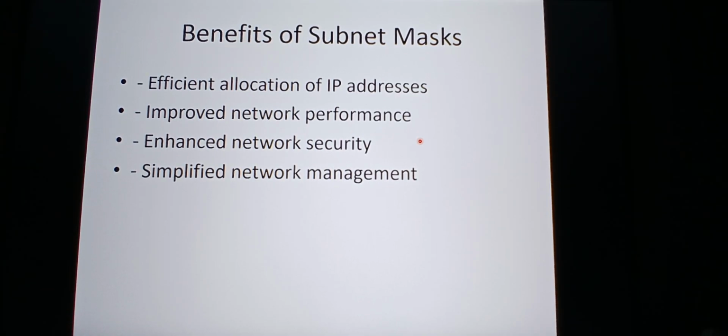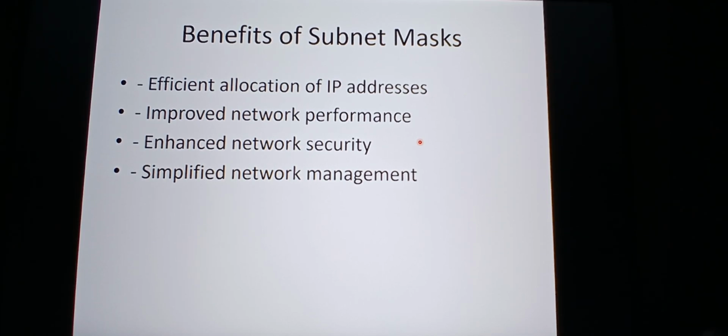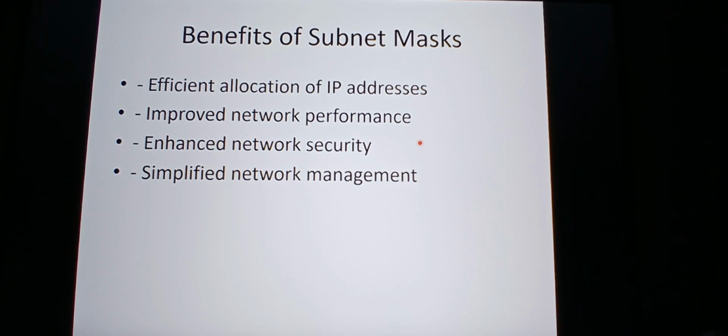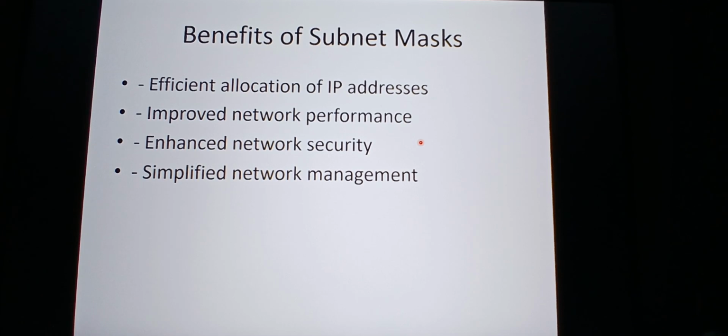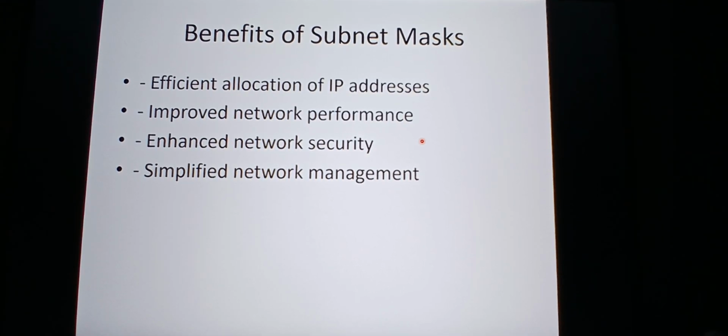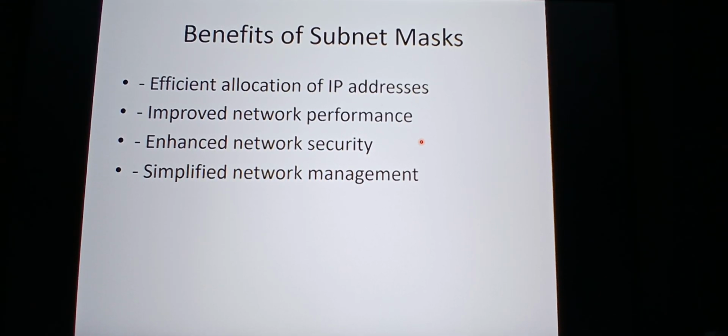So moving on to the last segment of this presentation, benefits of using subnet masks. What are some benefits of using subnet masks? We have seen that it provides a great deal of operation to make things easier for many devices such as computers and routers.